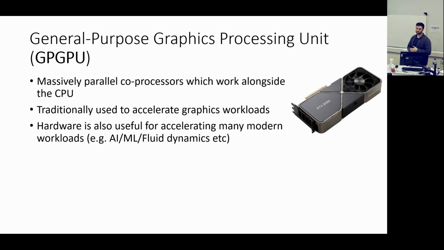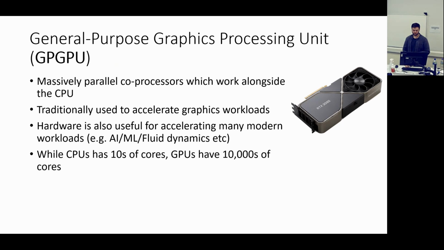They're really good at doing big simulations, so fluid dynamics and things like that can be offloaded to a GPU. Also, if you're doing any machine learning or AI, these are almost essential to get the results you want in a timely manner. These are the standard for AI and machine learning.